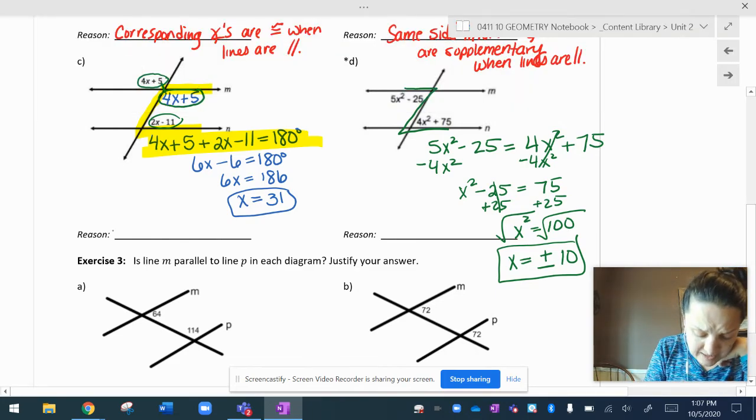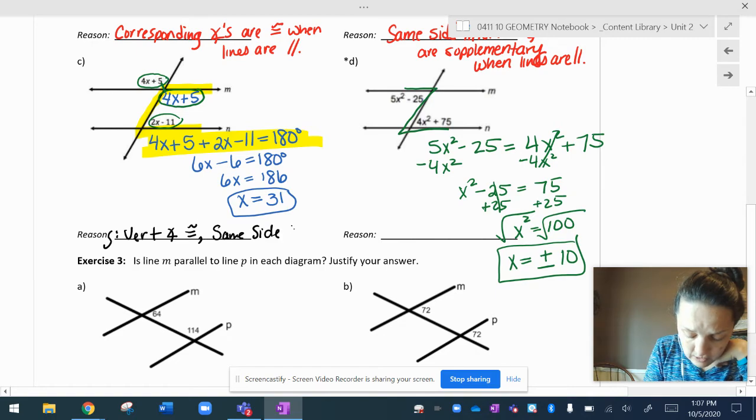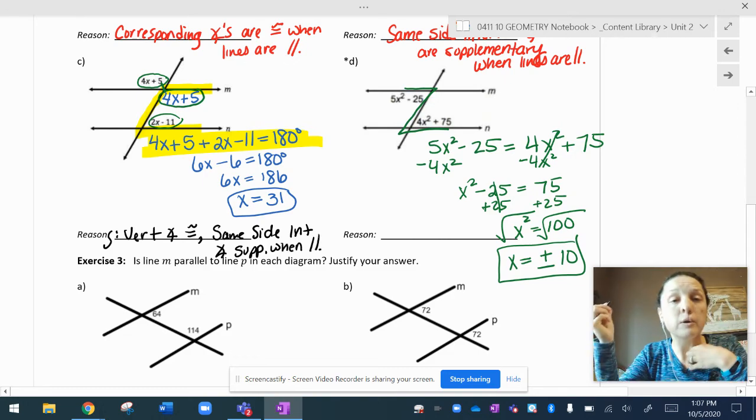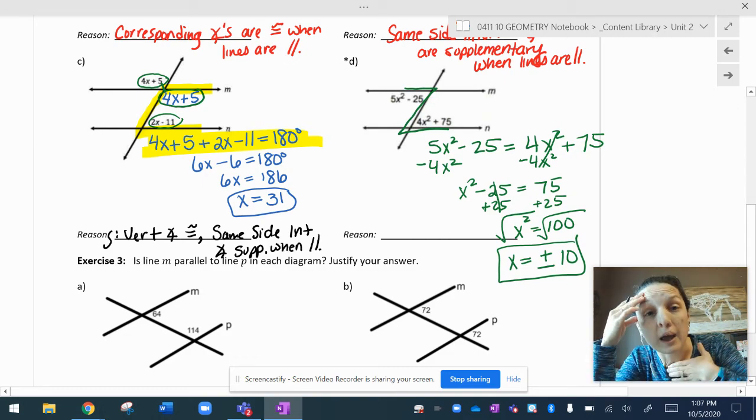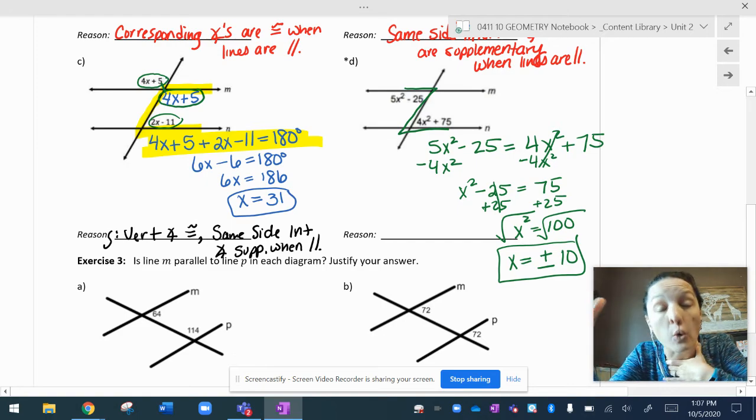So the reasons I actually used 2, I knew that vertical angles are congruent, and I also knew that same side interior angles were supplementary when the lines are parallel. Obviously, I'm abbreviating that quite a bit. It's more important that you know it than that you write it out every single time.